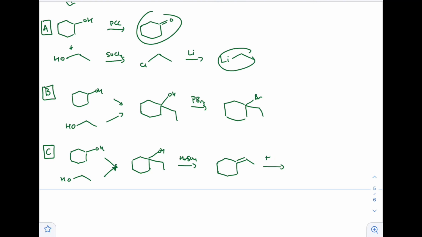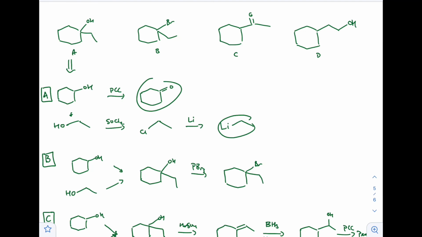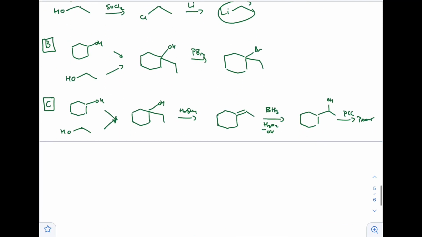If we do the hydroboration oxidation, we can get the anti-Markovnikov alcohol, right? So that's what we're going to do. And then we get our alcohol here at the least substituted position. Hit that with PCC, and we get our desired ketone product. Smooth.